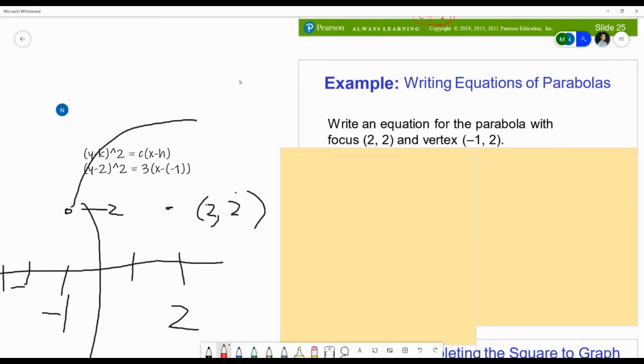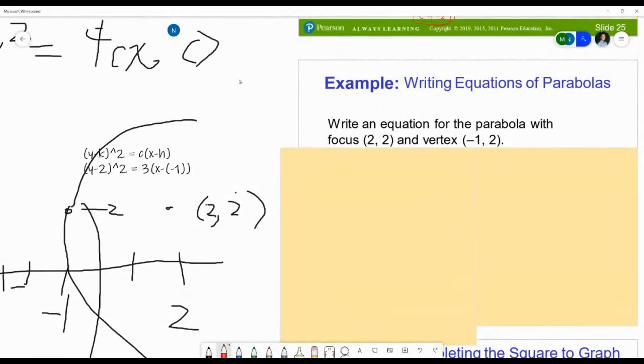What is up this way? So this can be y squared equals 4c, where c is greater than 0. Okay, c is equal to 3.